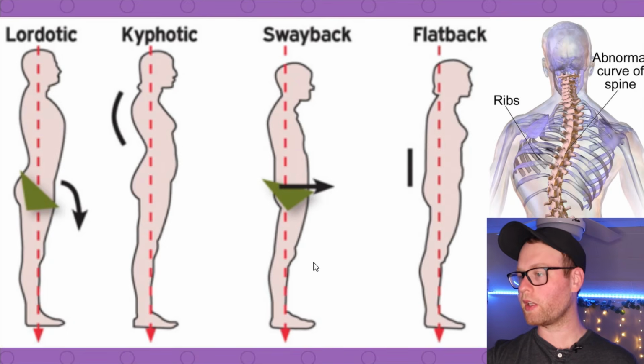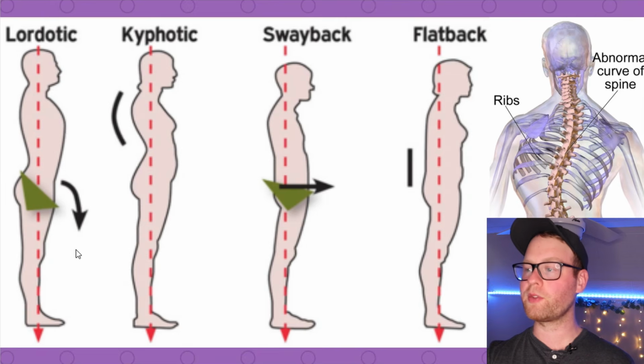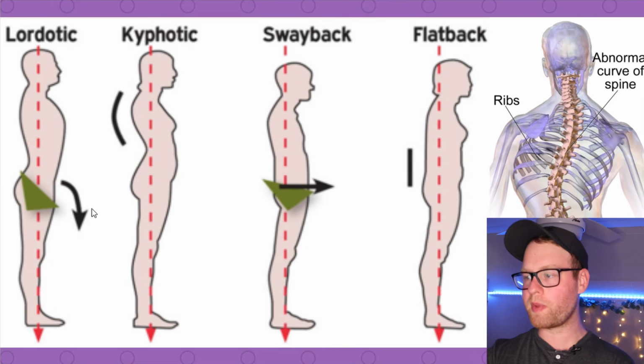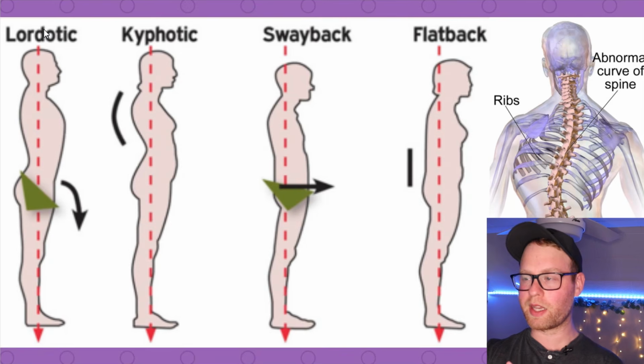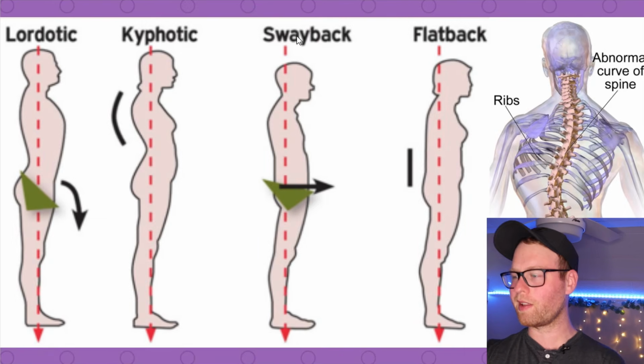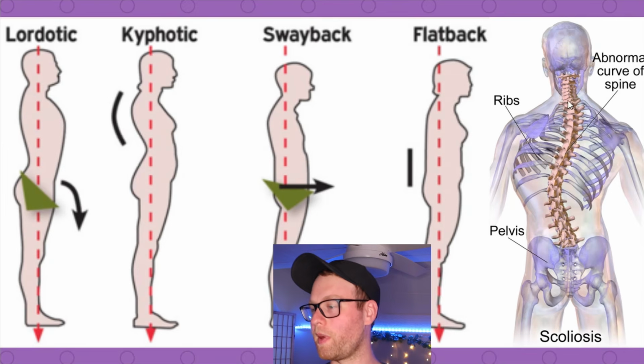And you almost certainly will get a question or two where you have to identify what a person has going on posture-wise, so be able to pick out if a person has a lordotic or a kyphotic posture, because they're probably going to give you a person who only has one or the other. You're very unlikely to have to identify someone with sway back or flat back or scoliosis postures.